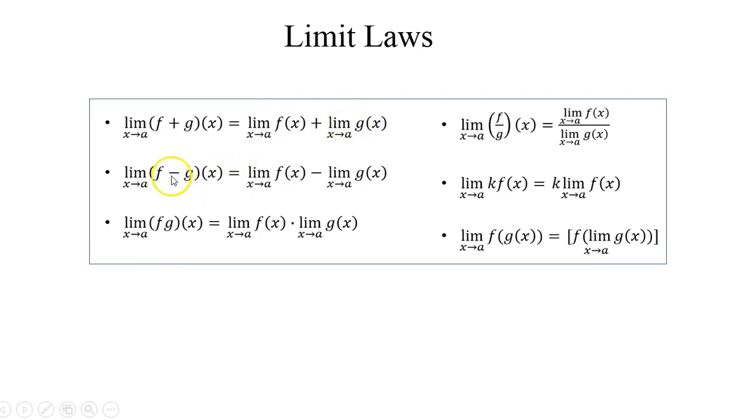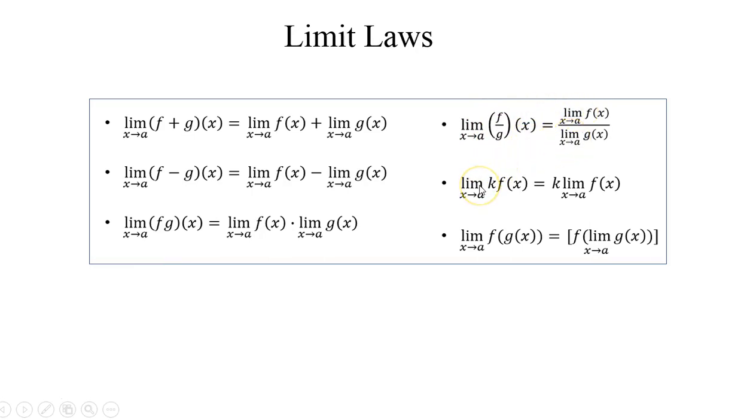Same thing's true here with difference. Limit as x approaches a of f minus g of x is limit f minus limit g. Product for multiplication, here's the suspense, drum roll, limit of f times g is limit f times limit g. Quotient, same drill. Limit of f over g of x is limit f over limit g.